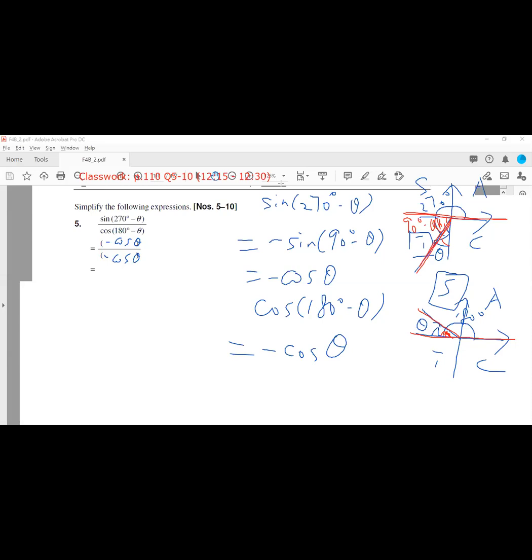So up and down are exactly the same as each other, which means that they will be completely cancelled by each other. So what is remaining in the answer will be just 1. Okay? Are you correct? So please remember to upload the photo to the Math app system. Okay?